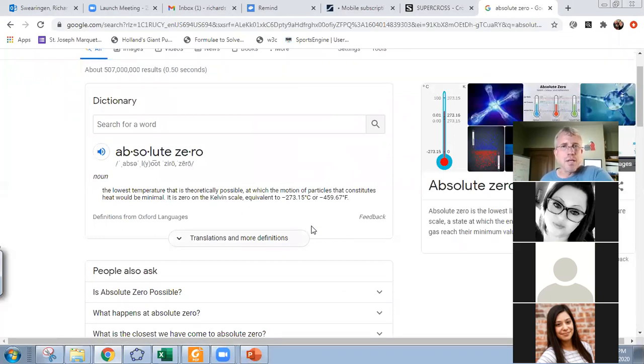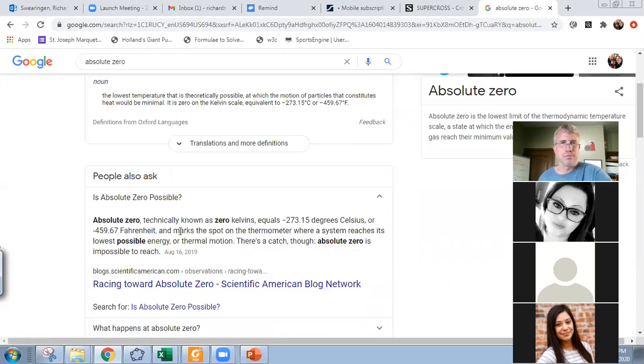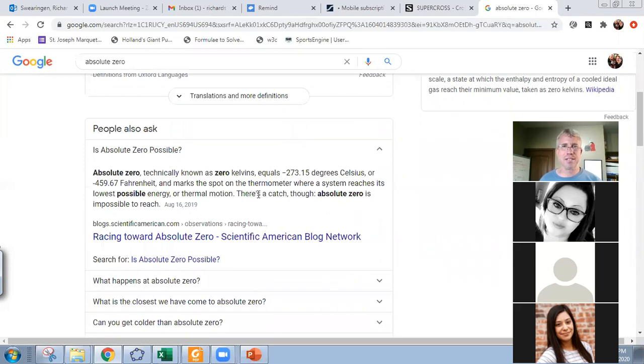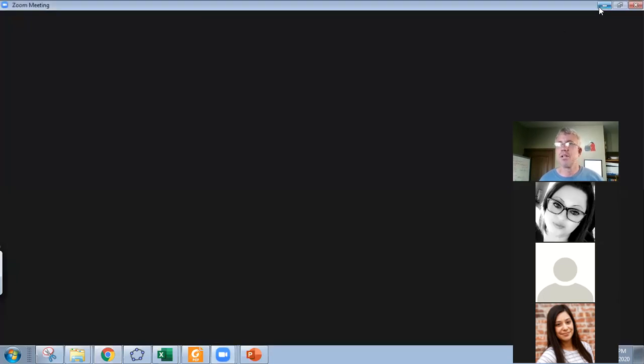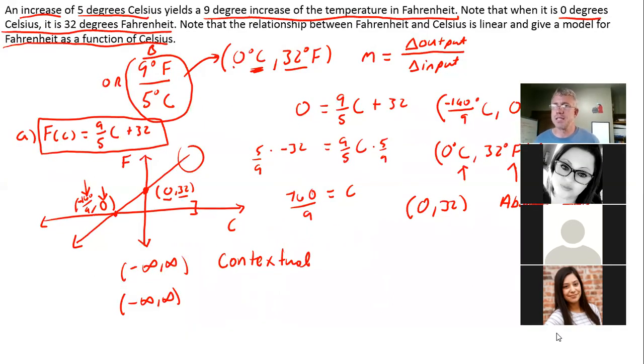So an interesting thing about absolute zero, is absolute zero possible? So what's it say about that? Impossible to reach. So you have a situation here where you know what the lowest possible temperature is. It's negative 273.15. That's probably good enough for government work. So you start going, okay, my contextual domain and range. So in this case, not a whole lot of math to do.